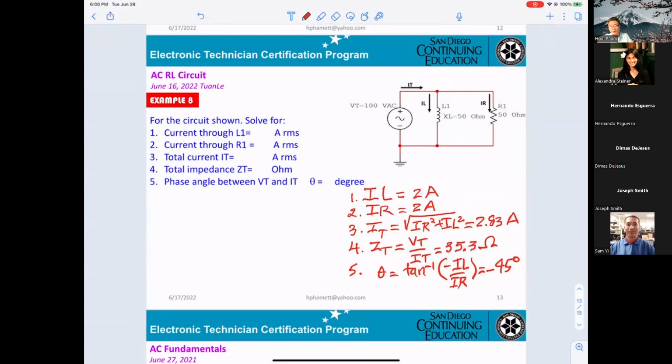But they can ask a question for this circuitry: how do we calculate the total current? Then the answer will be, you can calculate the IL, you can calculate the IR, and the I total will be the square root of IR square plus IL square. The thing is, IL and IR, they're not in phase.